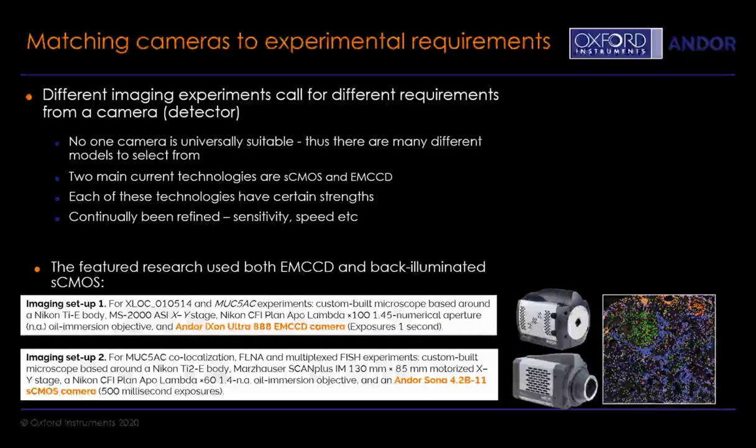And in this case, the EMCCD camera was the Andor Ixon Ultra 888, and for the sCMOS camera, it was a Sona 4.2B-11 camera. So we'll briefly look at why these particular cameras would have been selected for the kinds of experiments that have been covered earlier.